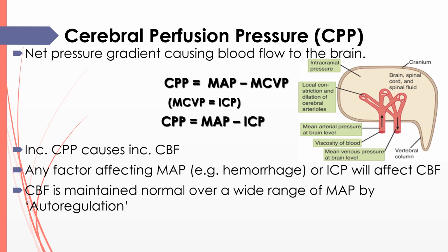Cerebral blood flow is maintained normally over a wide range of mean arterial pressure by means of autoregulation, as autoregulation happens in other organs like the kidney and heart.